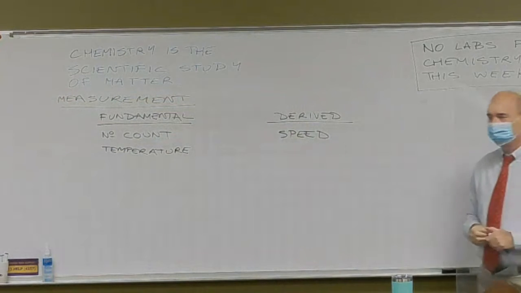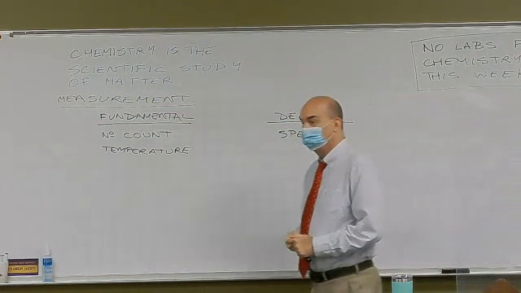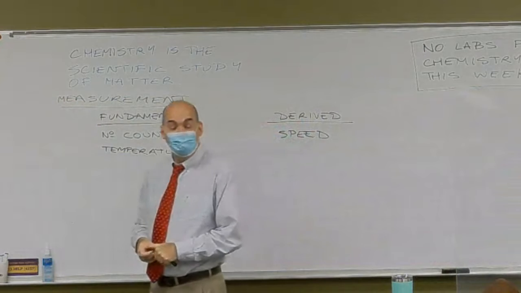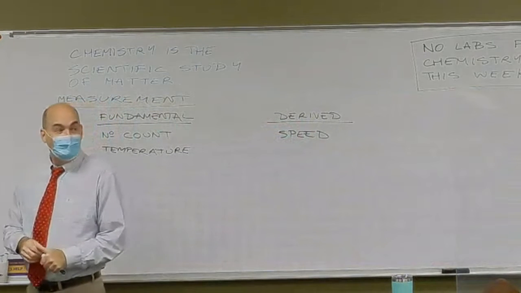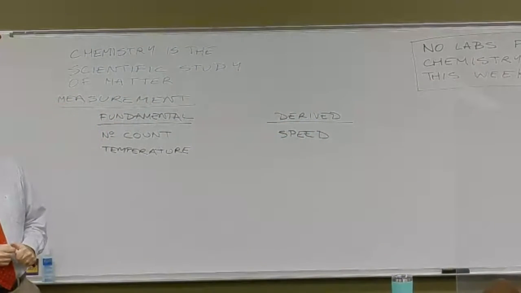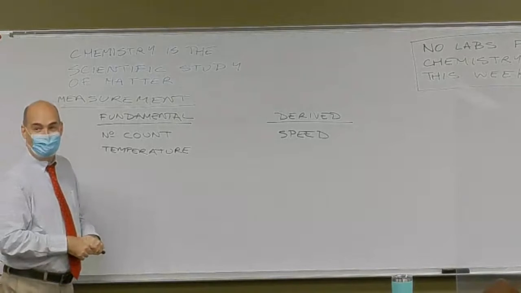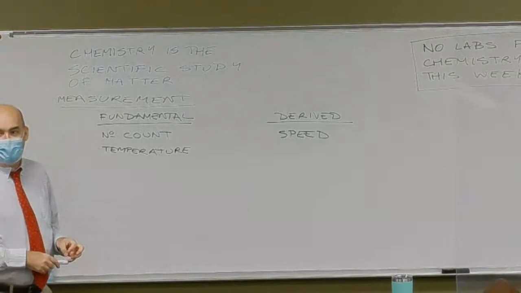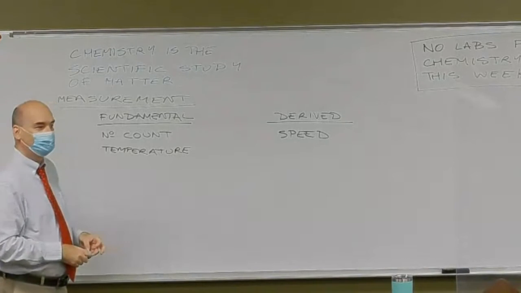How would you measure speed? Miles per hour is the one that we're most familiar with. Kilometers per hour, if you're anywhere in the world other than a handful of countries.